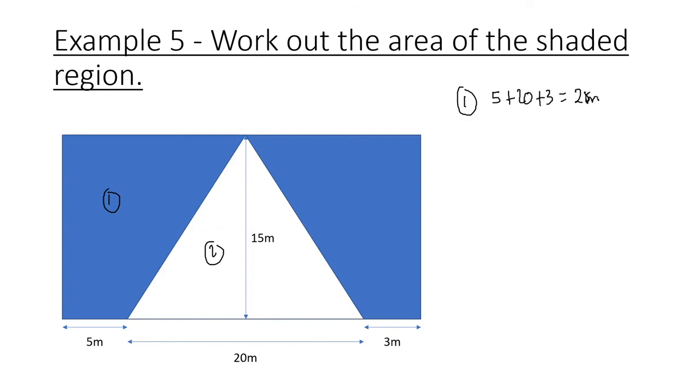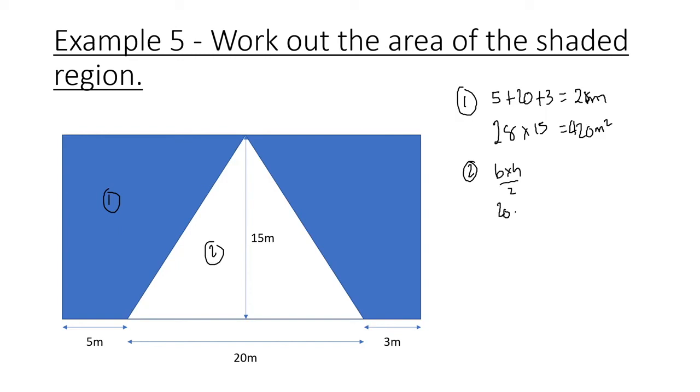And now the height of your rectangle is that perpendicular height of your triangle as well. So you know that it's 28 base times by 15 height, which gives you an answer of 420 meters squared.